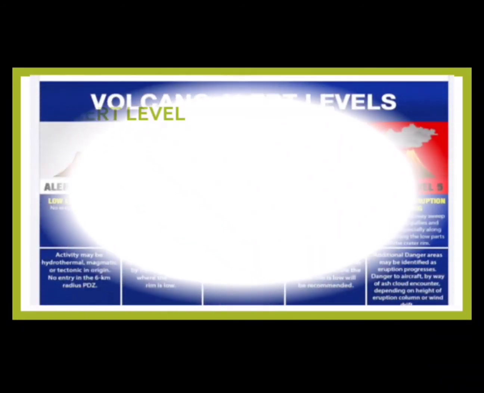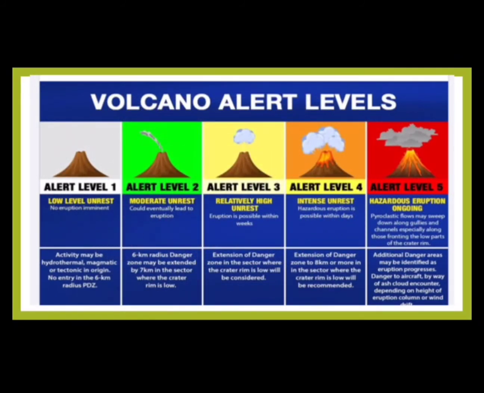We should also be familiar with volcano alert levels from Alert Level 1 to Alert Level 5. Alert Level 1, low level unrest. No eruption imminent. Alert Level 2, moderate unrest, could eventually lead to eruption. Alert Level 3, relatively high unrest.